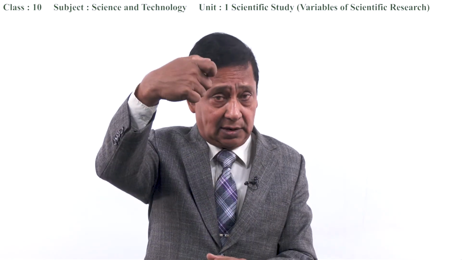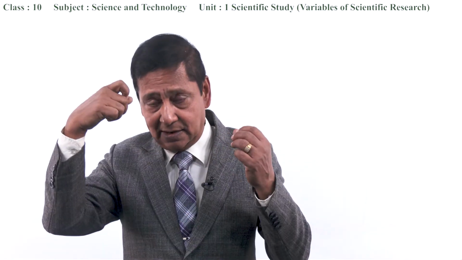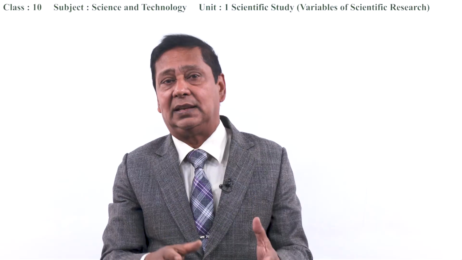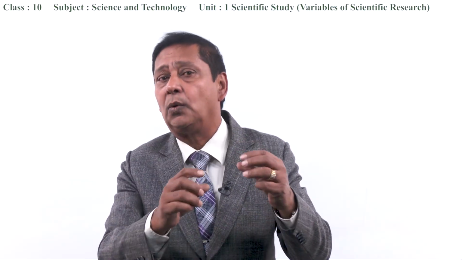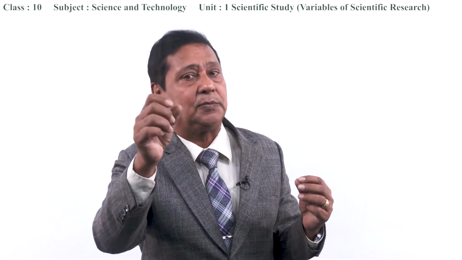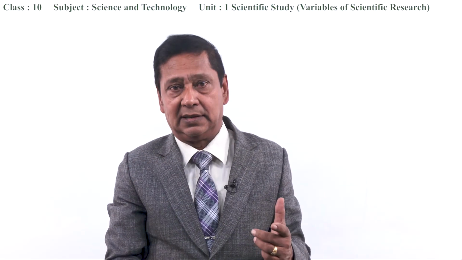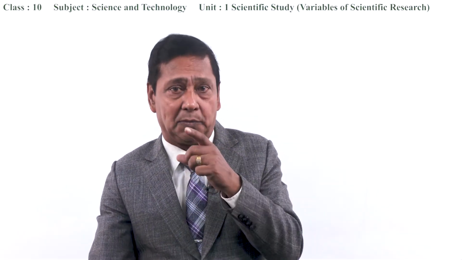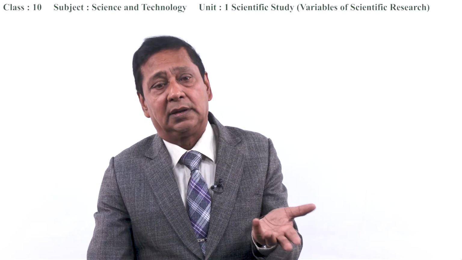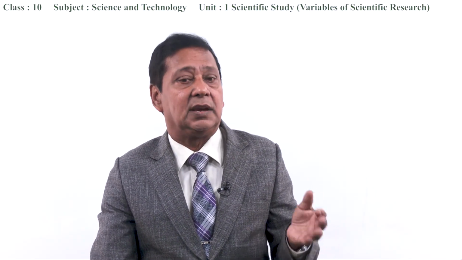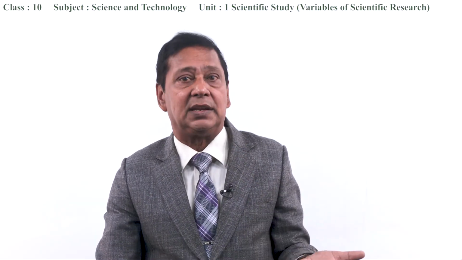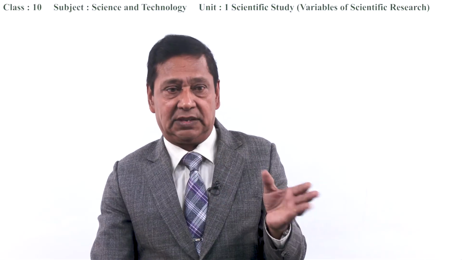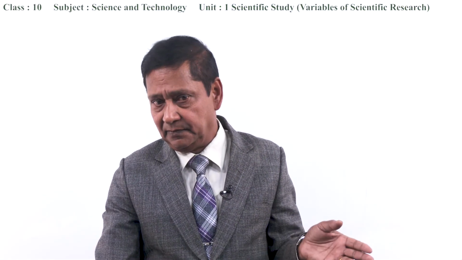If we take their weight, then it can be declared very easily that whenever mass increases, the weight of the iron piece also increases. It means mass of the body is what? Independent variable. It is available in different amounts and it can be manipulated and its effect on the weight can be measured. This mass is independent variable.